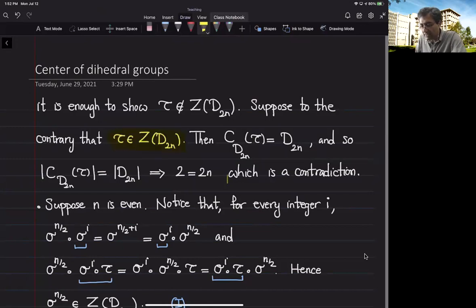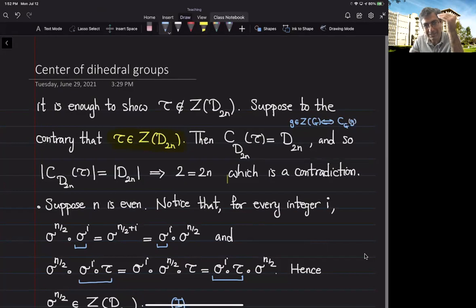If tau is in the center, what does that mean? This means tau commutes with every element of the group. That means the centralizer of tau is the entire group. That's in fact if and only if. For an arbitrary group G, an element g belongs to the center if and only if the centralizer of this element is what? Think about it.